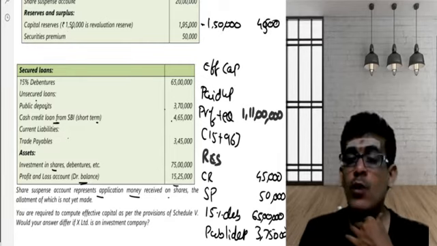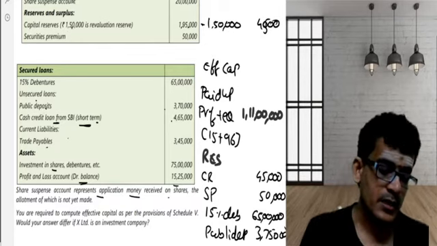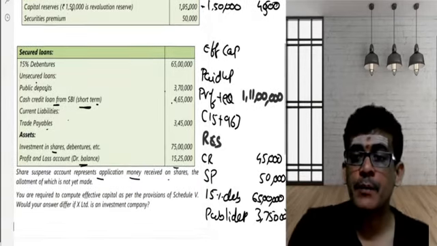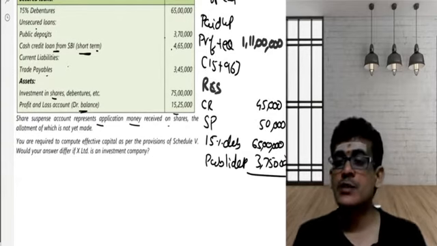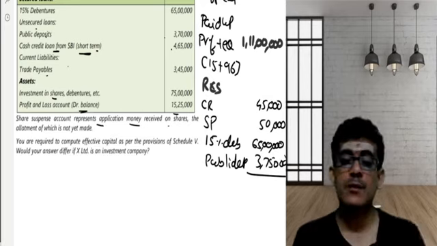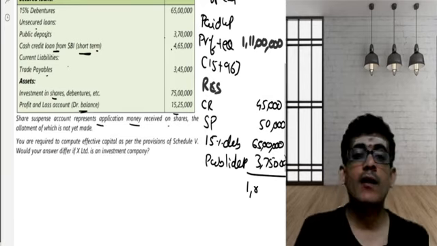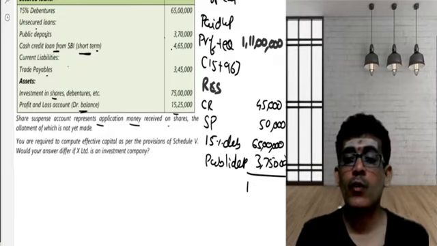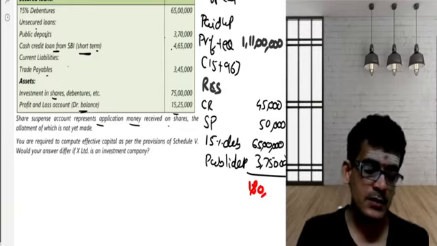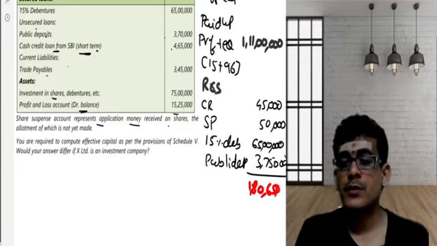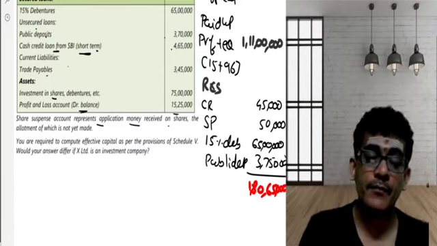Cash credit and overdraft you should not consider because they are short term. Short term liabilities should not be considered. Now we need to add up everything: 1 crore 11 lakhs plus 45,000 plus 50,000 plus 65 lakhs plus 3 lakhs 75,000 will result in 1 crore 80 lakhs 65,000. This is the total which you are getting.